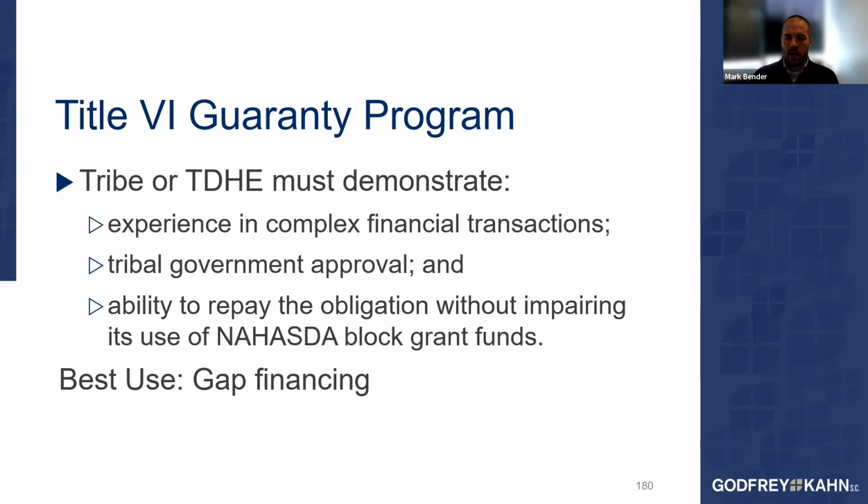There's also underwriting associated with this program, which means that HUD won't automatically guarantee the loan. You have to put together an application package demonstrating that there's a source of funds to repay the loan.